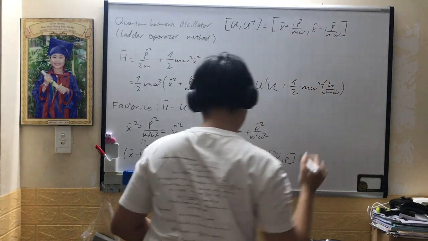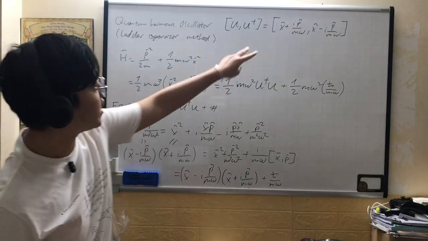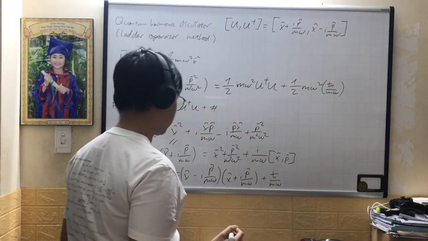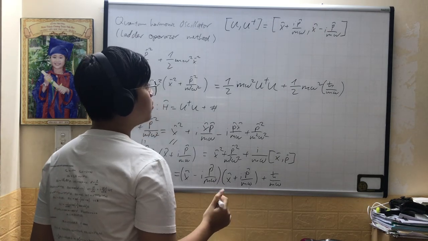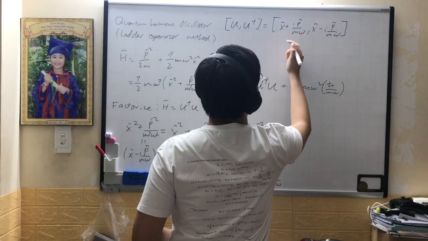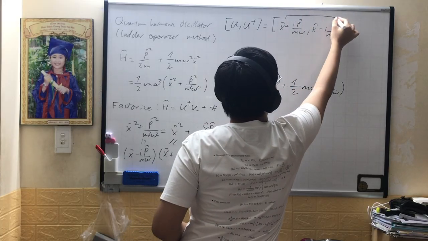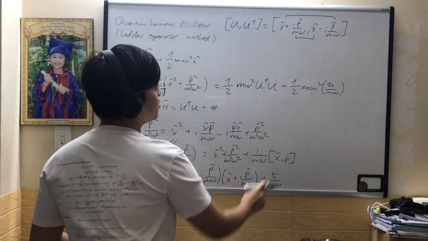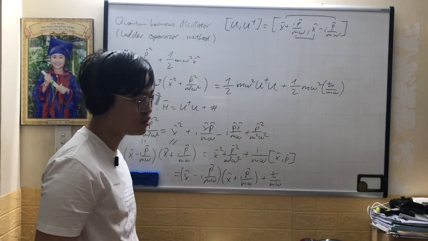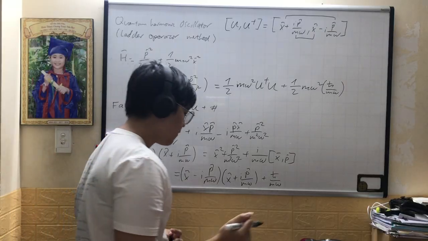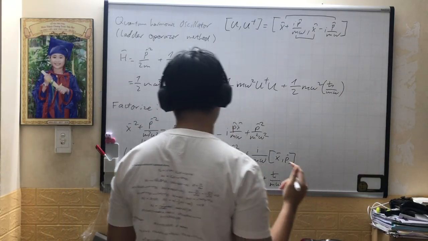From this, you can see that x and x commute, and p also commutes with itself. So what you would get is this term and this term. The commutator between x and p gives you i h bar, and the commutator of p and x would give you minus i h bar.